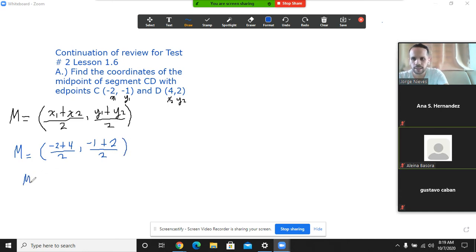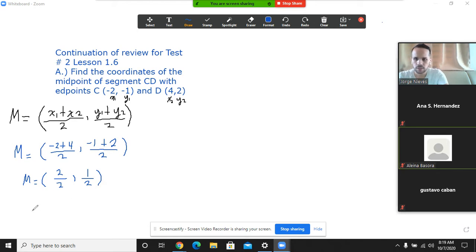So let's do this. This is going to look like this. -2 plus 4 is 2, okay? ¿Verdad? Negativo 2 más 4 es 2, okay? And we're going to divide that, 2 divided by 2. And in the other part, we've got -1 plus 2, that is 1 positive, divided by 2, okay? So can we do something else?